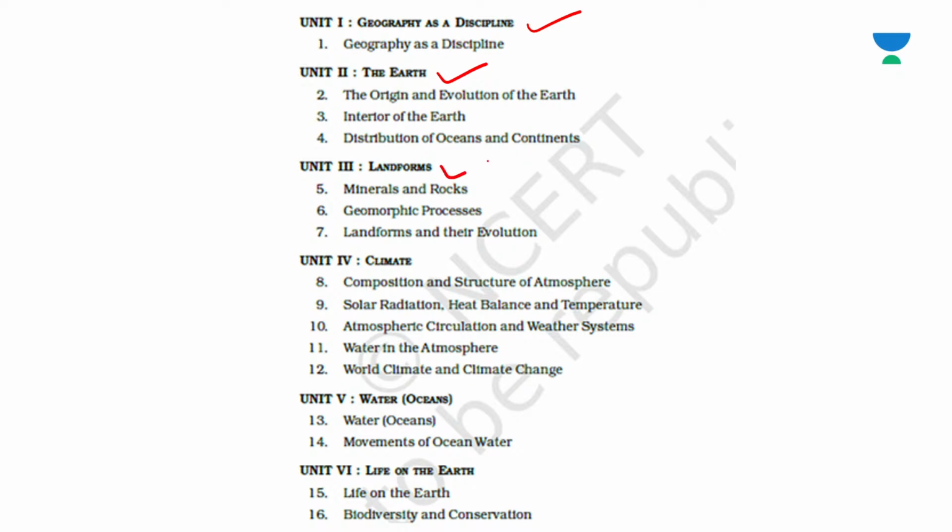Then in the landforms unit, we have discussed minerals and rocks, geomorphic processes, landforms and their evolution. And today we'll start with the climate.